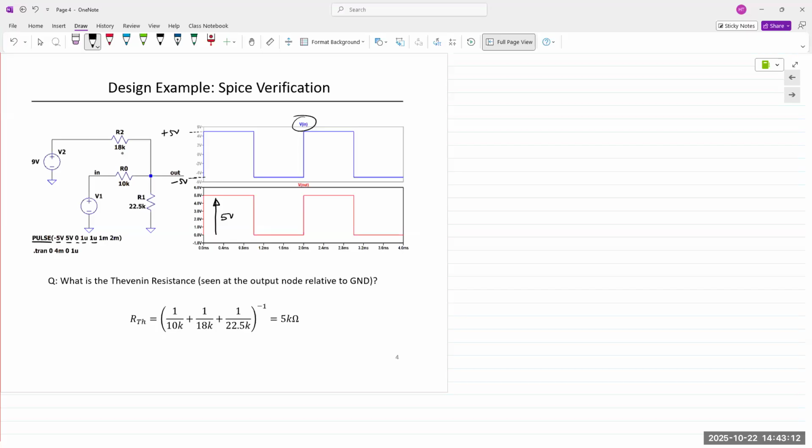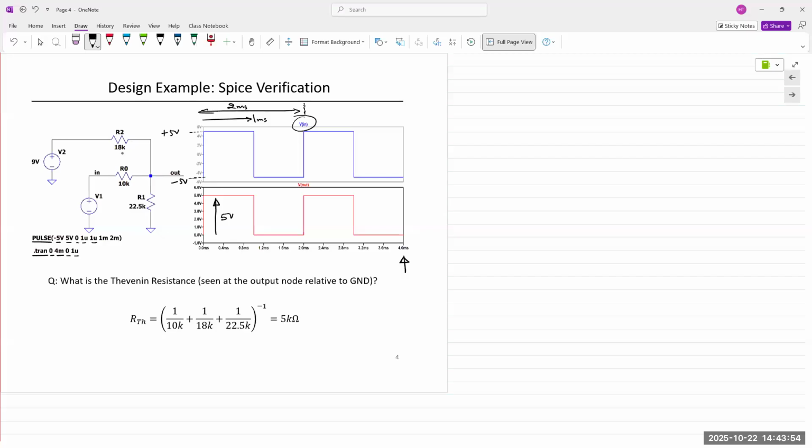And then one full cycle is 2 milliseconds, and a half cycle is 1 millisecond. We are not doing a DC analysis, so no .dc or .op. You're going to choose transient analysis. Transient analysis will place a .tran function, and in .tran we are simulating from 0 to 4 milliseconds, with steps of 1 micro each.